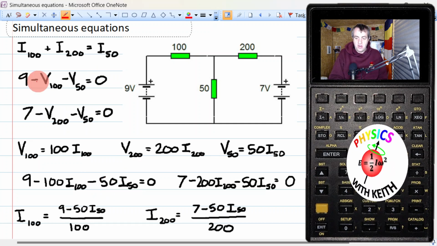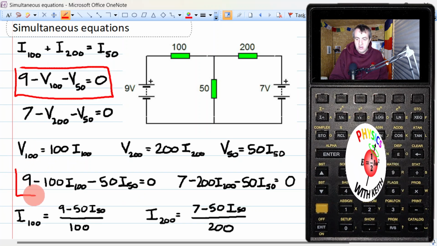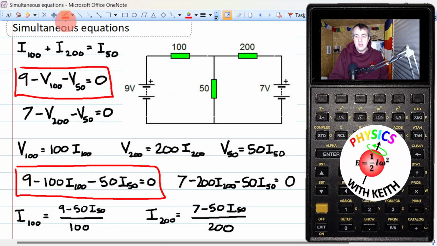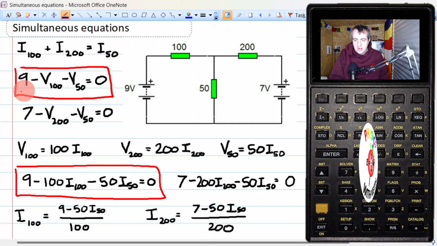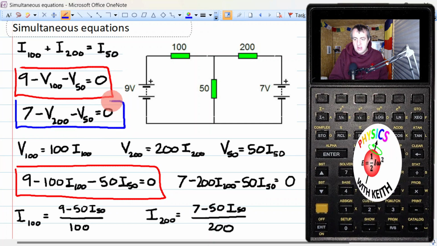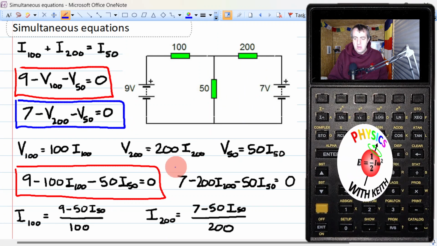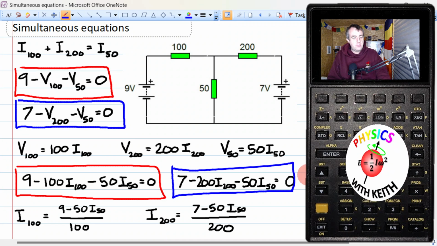And all of that equals 0. So this equation here is the same equation as this one, except I've substituted to replace the V100 and the V50. And I've done exactly the same thing here for the 7 volt loop, and this is the equation I get over here.